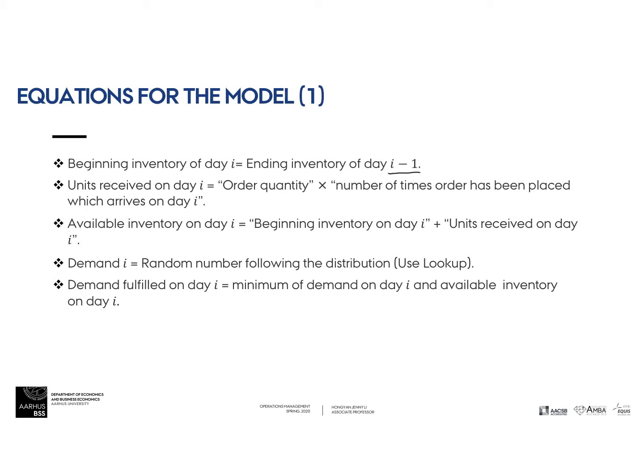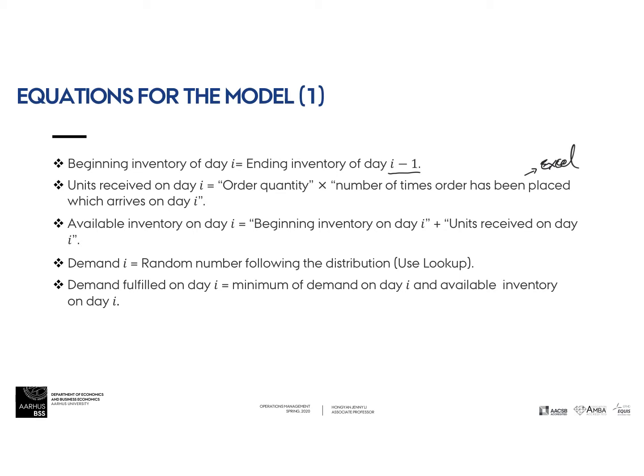So units received on the day is the order quantity times the number of times an order has been placed, which arrives on day I. So if these equations do not make sense to you, you can always check the Excel simulation model, then you will understand.